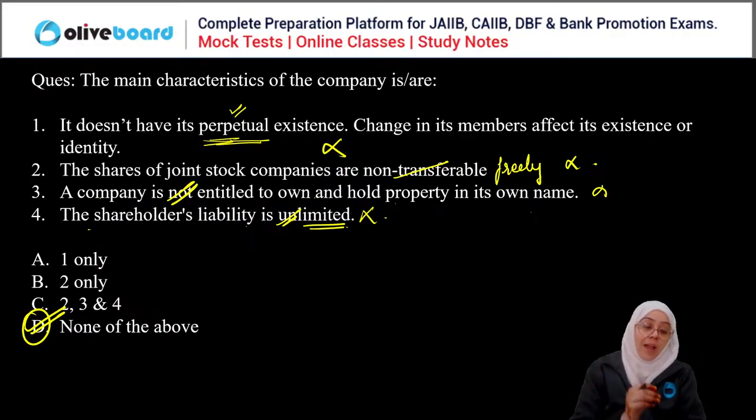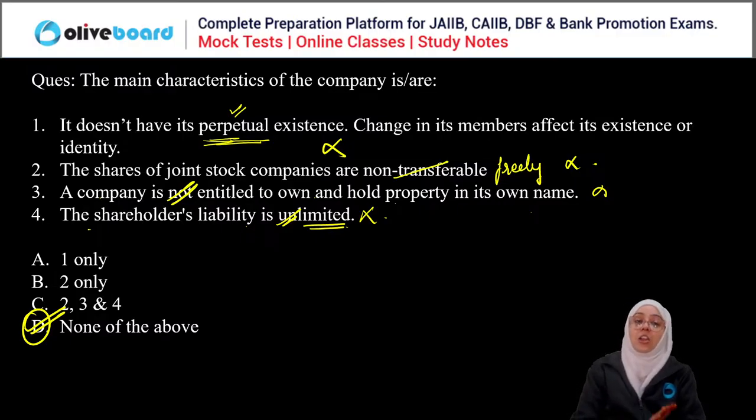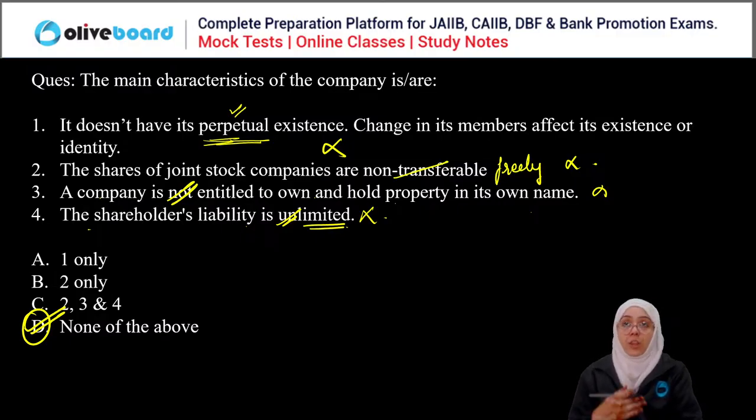So a company always has a perpetual existence. You don't have to change the name or re-register the company because the board of directors has changed. Irrespective of changes in the board of directors, the company has its own existence. That is called perpetual existence. Clear?